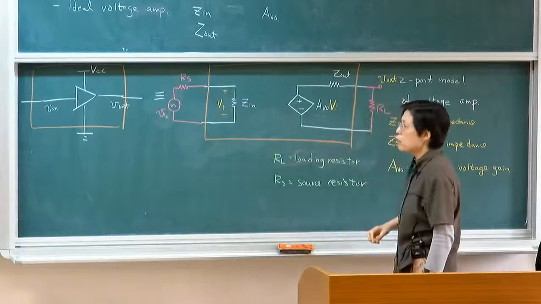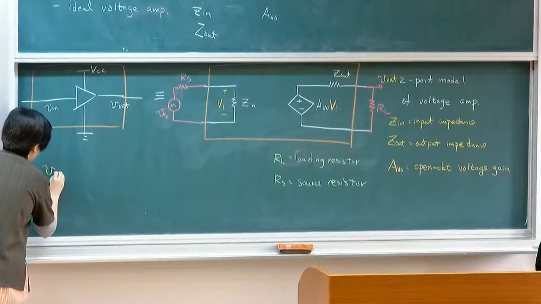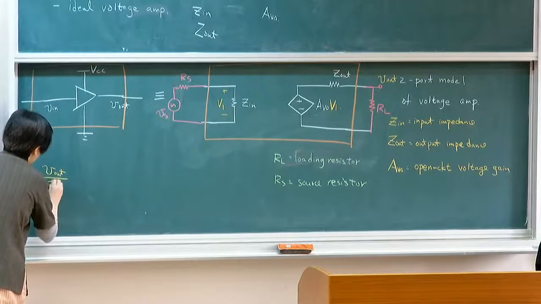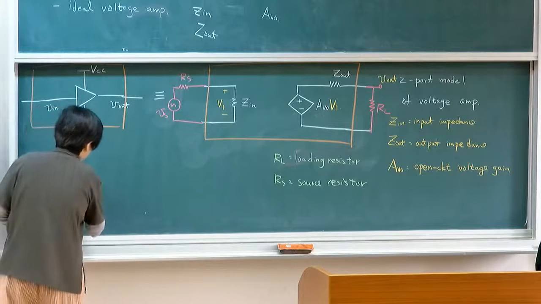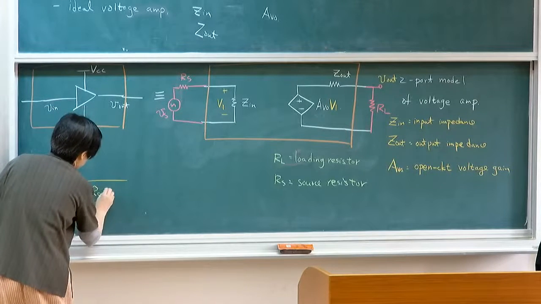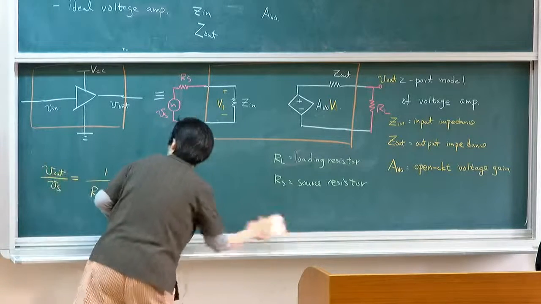So I want to know the overall V out versus Vs, that's my source signal. It will then become Rs plus Rin, by Z. I'm using impedance.